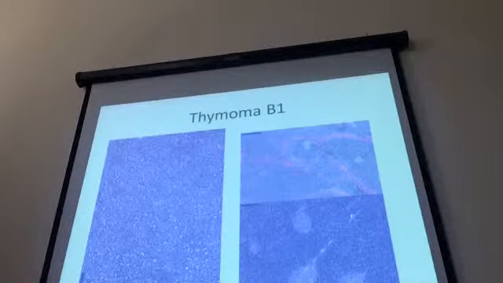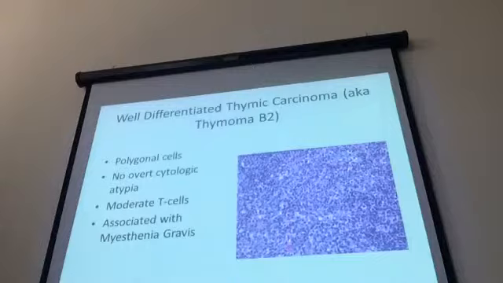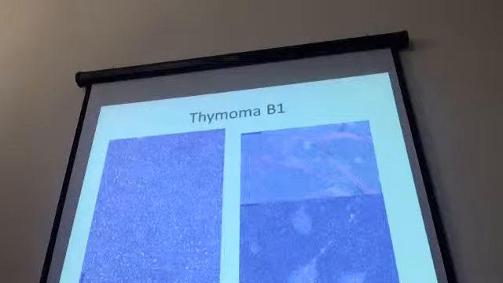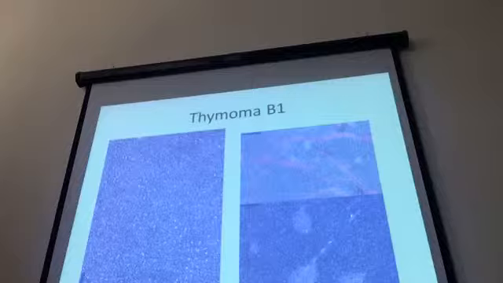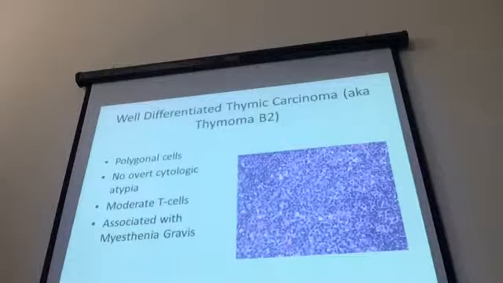So here is where the cytokeratin stain is very important to pull out the epithelial background. Type B2, a little bit more polygonal cells rather than spindle cells, moderate numbers of lymphocytes, but no atypia. So these are all the well-differentiated types that we've been talking about that on histology have good behavior and are usually localized.